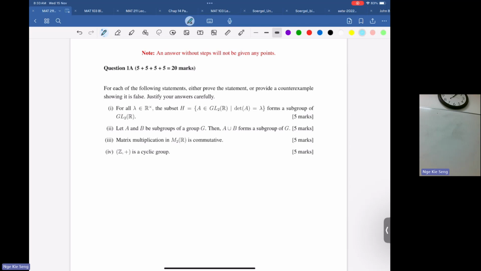Question 3: Matrix multiplication in M2 is commutative. I think most of you got it. Actually, I'm quite happy that one of you has the same answer as me. Question 4: Z under addition is a cyclic group. A lot of you made a small mistake.